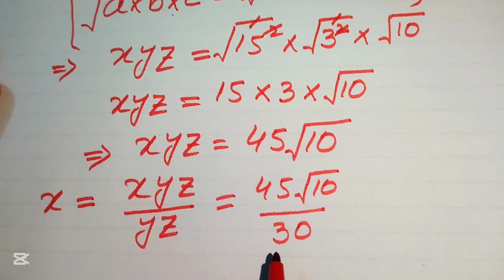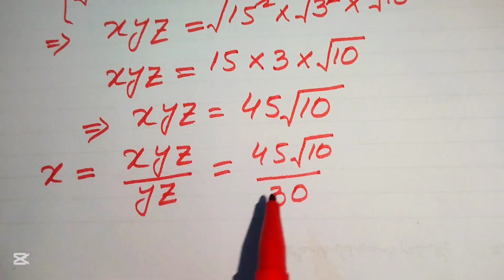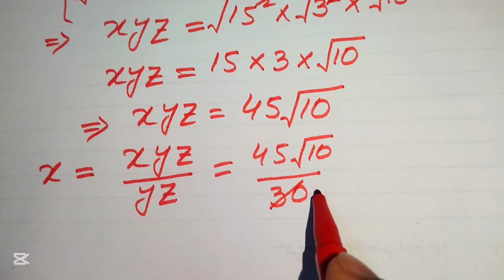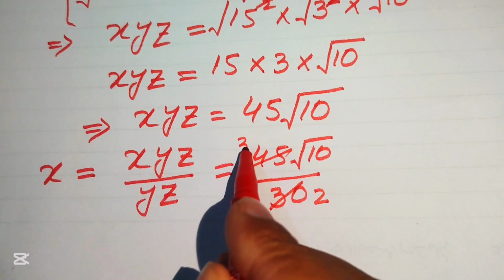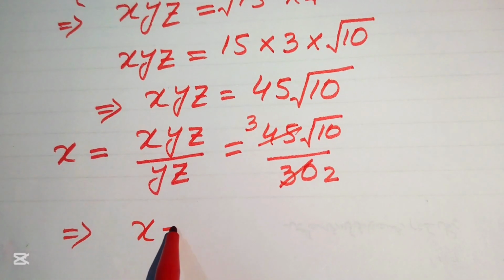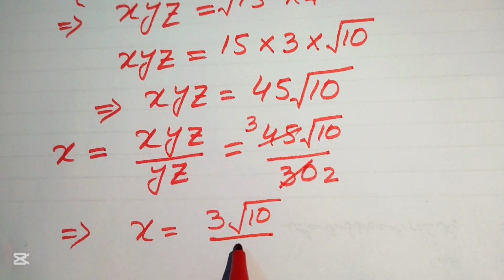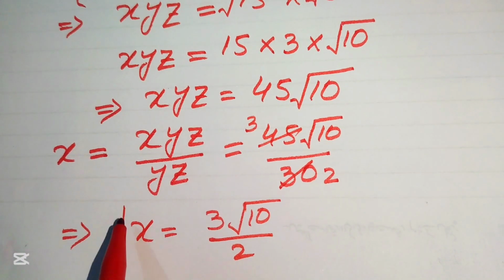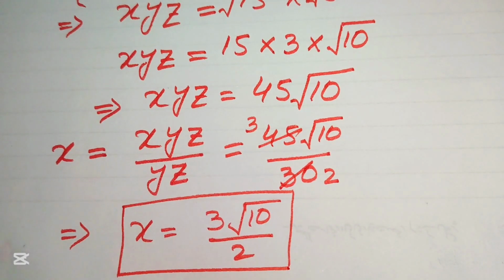So we substitute it here, and in the next step we cancel these terms, and you know that 15 times 2 becomes 30, 15 times 3 becomes 45. So here we get the value of x equals 3 times square root of 10 divided by 2. Okay, this is the value of x.